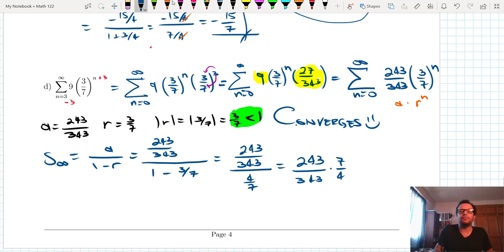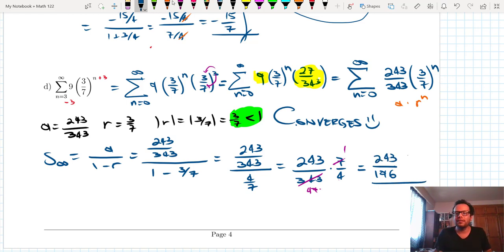In this case, if we simplify, 343 has a factor of 7, so that's 49. 49 times 4 is going to give us a total of 196 in the denominator and 243 in the numerator.